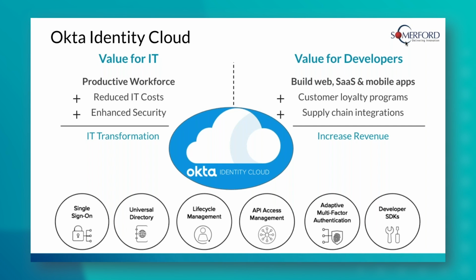That's a form of elastic PAM where we can take all of these features, from single sign-on, from adaptive multi-factor authentication, and dynamically assign users and groups against elastic resources that are spun up in IaaS cloud environments on the fly. So that's really cool, and we will talk about that shortly.